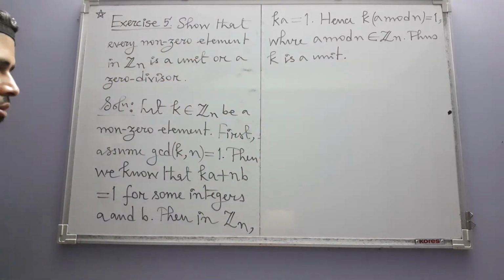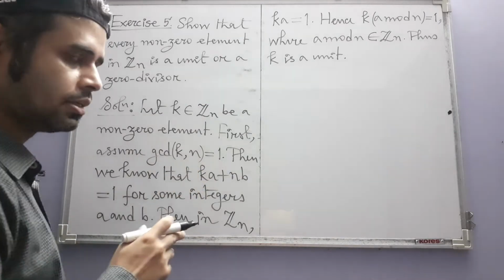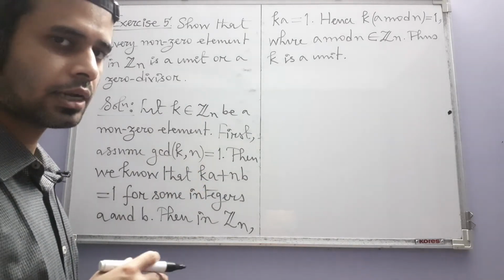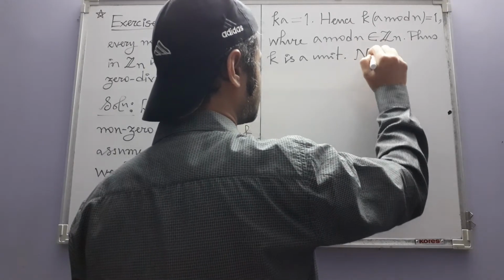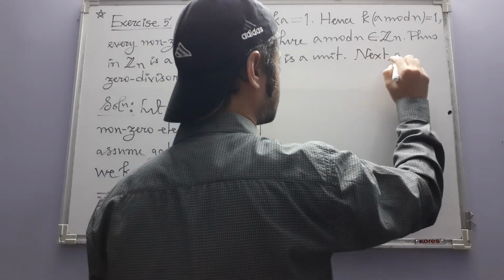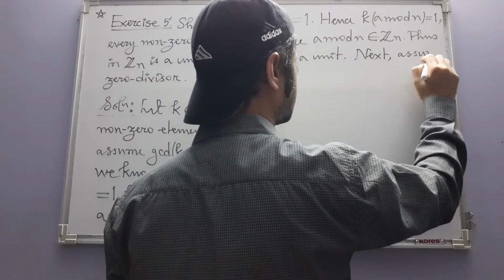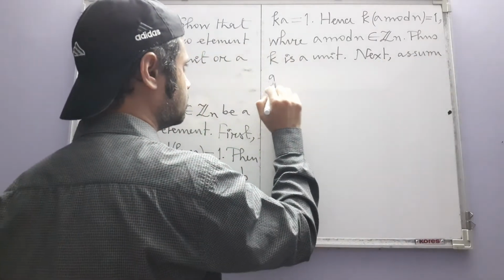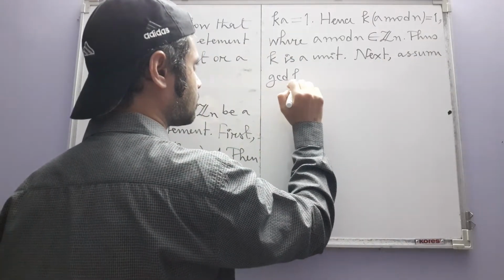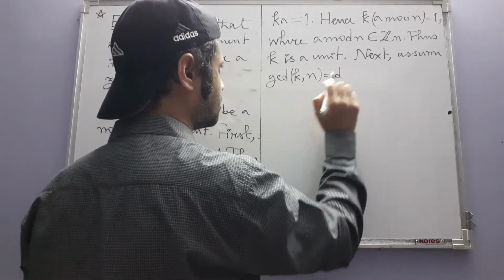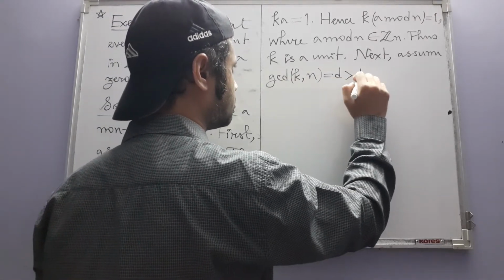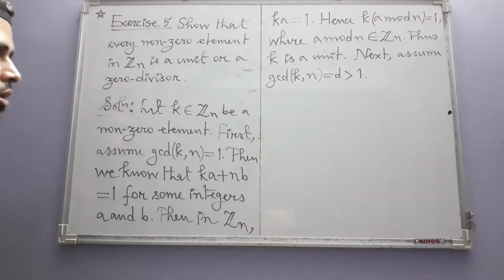Now next we consider the case where this GCD is not 1, it is an integer greater than 1. Next assume that the GCD of k and n, say we call it d, is greater than 1.